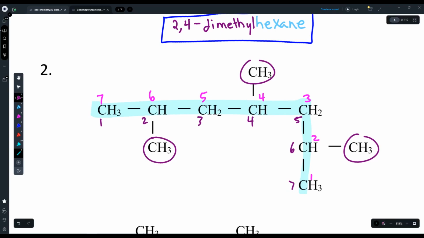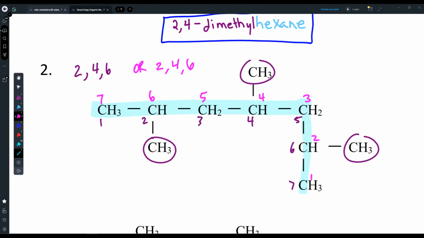Okay, so our options are going to be, for the purple numbering, our branches are on carbons 2, 4, and 6. Or with the pink numbering, our branches are going to be on carbons 2, 4, and 6.